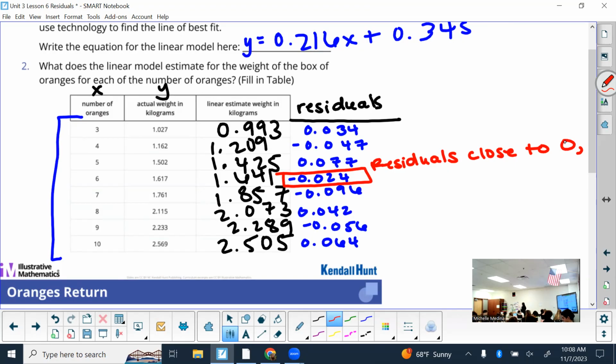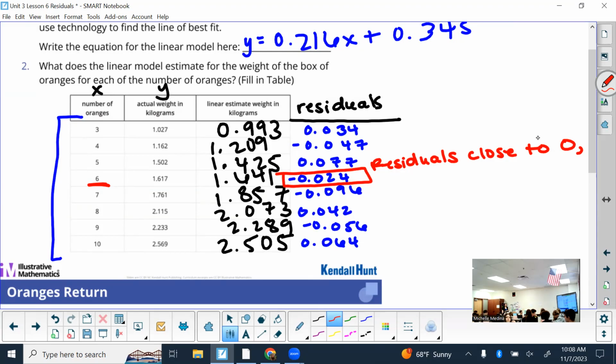Remember what the residuals measure. They measure the actual minus the estimated. So if my residual is 0 exactly, what does that mean? No, not that there's no oranges. Because in this one, there's 6 oranges. So when x is 6, we have the best residual.